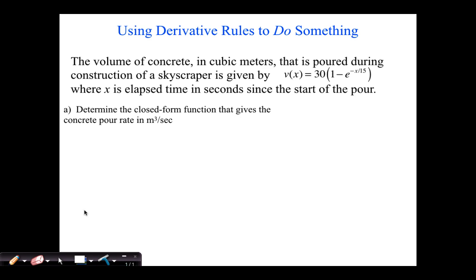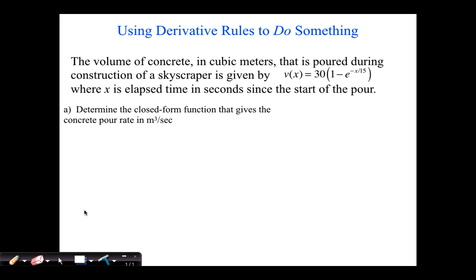So first question, this function is telling me how much concrete I have in cubic meters at any point in time in seconds past when we began, at time x equals 0. So first of all, take a minute, see if you can figure out the closed form function to give the rate of change of the pouring of the concrete, meaning the rate at which it's being poured in cubic meters per second.